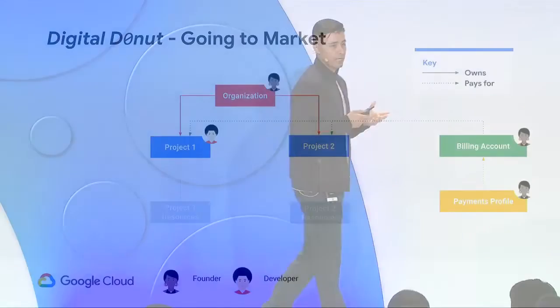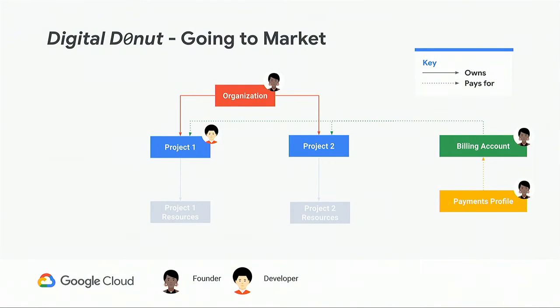So as Digital Donut has expanded beyond markets, they started realizing that there was more of a need than just chocolate donuts. The founder ended up working with some industry analysts to go ahead and analyze their customer base, and they found that customers not only love chocolate donuts, but also jelly-filled donuts. So as you can see in this hierarchy, you've got Project 1 and Project 2.